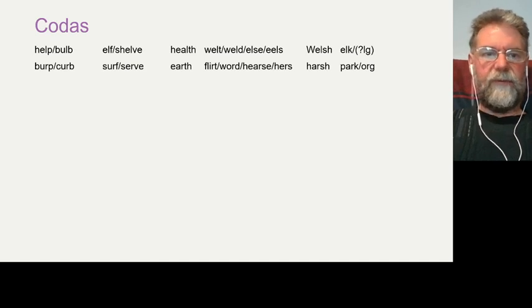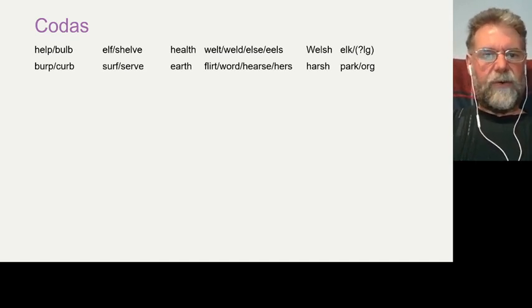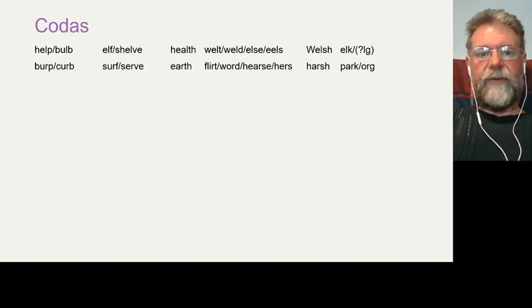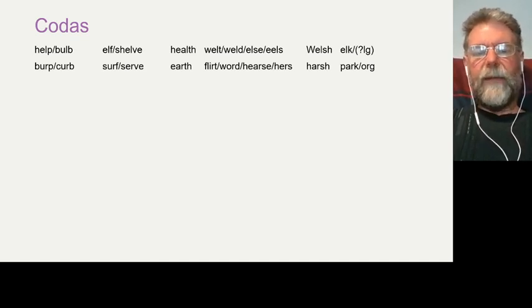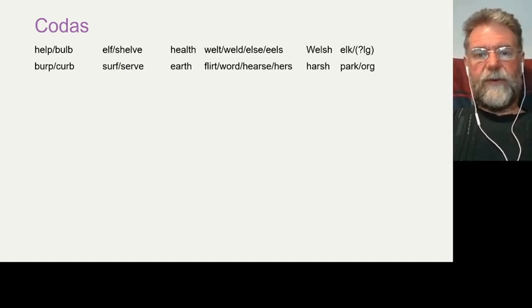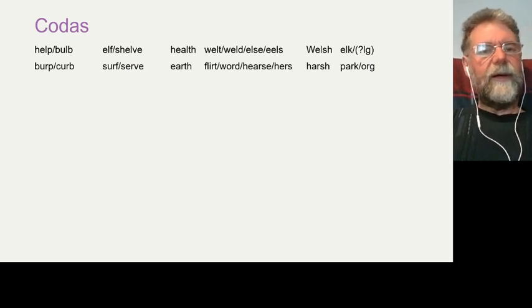You can get an r in front of a p or b, as in burp and curb, in front of an f and a v, as in surf and serve, in front of a th, as in earth, in front of a t, d, s, or z, flirt, word, hearse, and hers, and in front of a sh, harsh, and this time in front of both a k and a g, park and org.